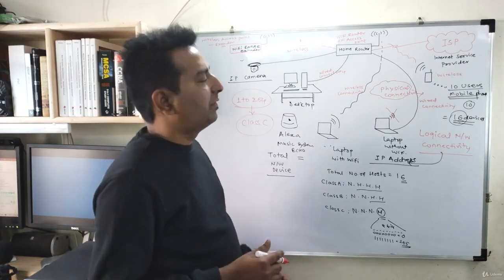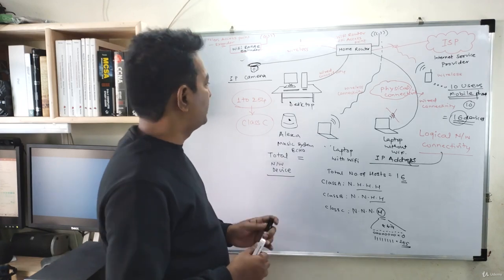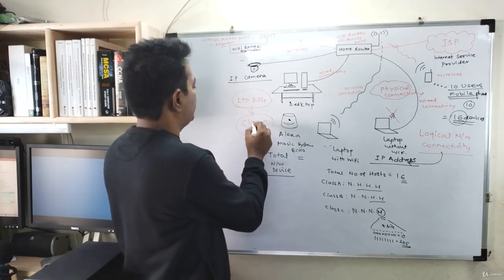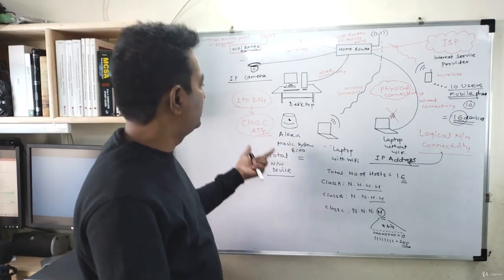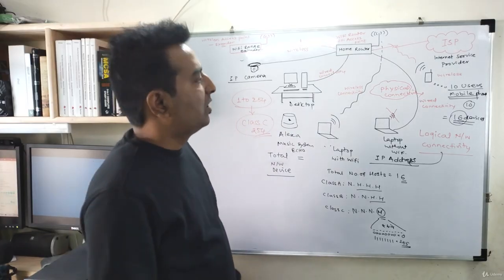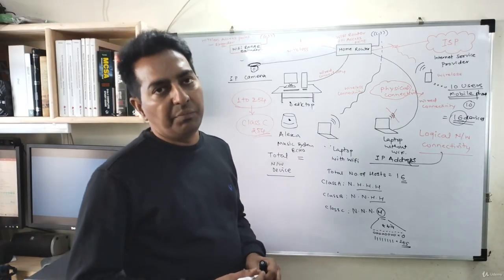So if you have a maximum of 254 systems, then you can definitely use class C IP addressing to assign addresses in that particular network.